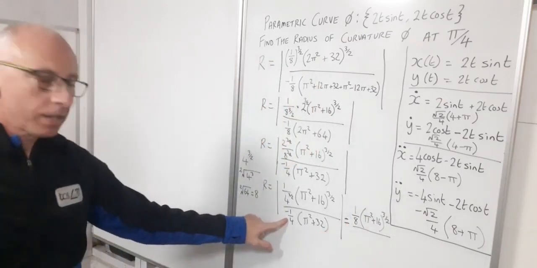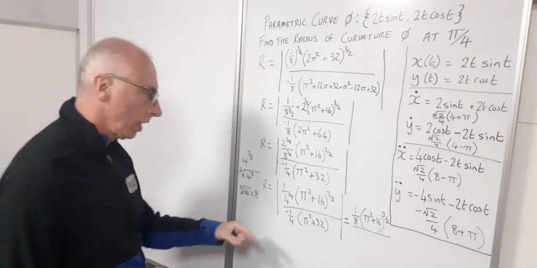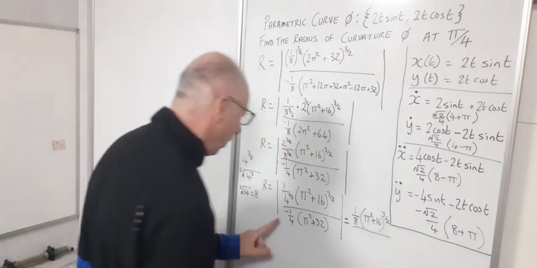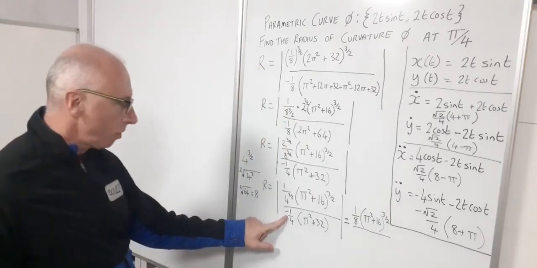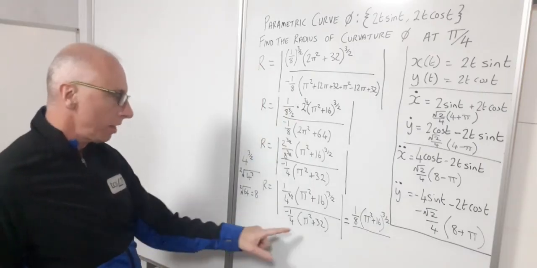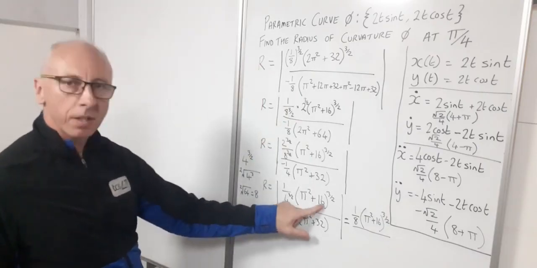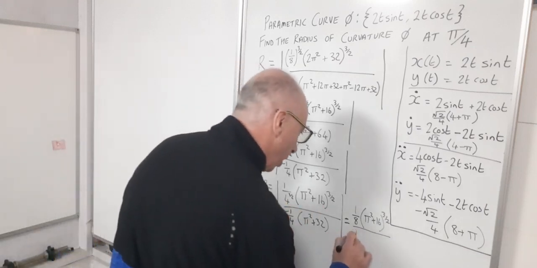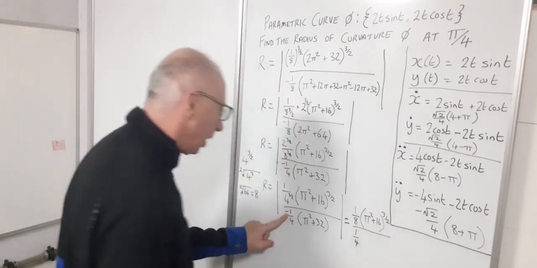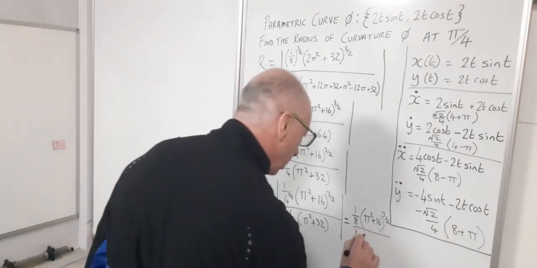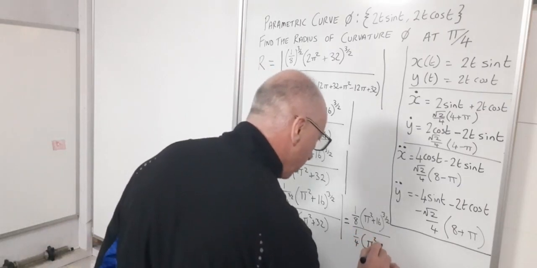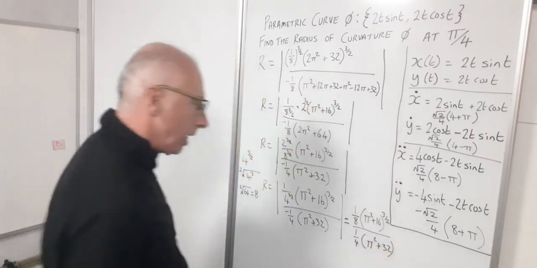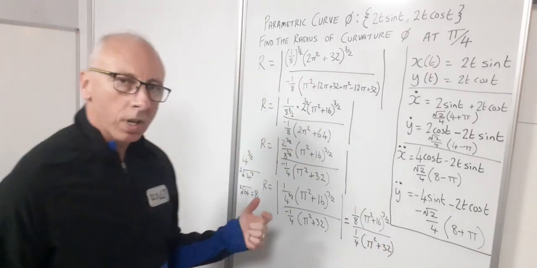And then this minus sign, minus 1 over 4. Now I've used my absolute value here to get rid of this minus sign because I don't want a minus. This is always going to be positive, so the minus sign can go. So I've got 1 over 4 pi squared plus 32. Now I can even do one last thing.